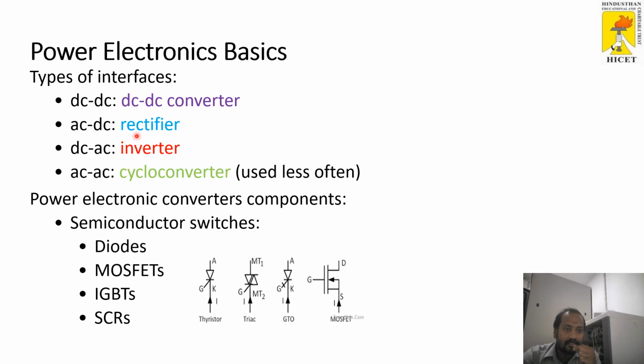The power electronic converter components are particularly semiconductor switches, which include diodes, MOSFETs, IGBTs, SCR and triac, and lastly GTO.